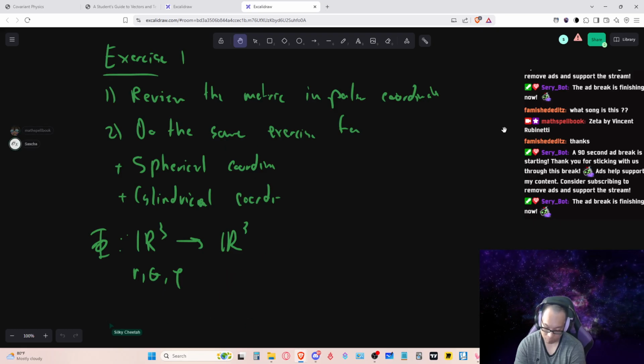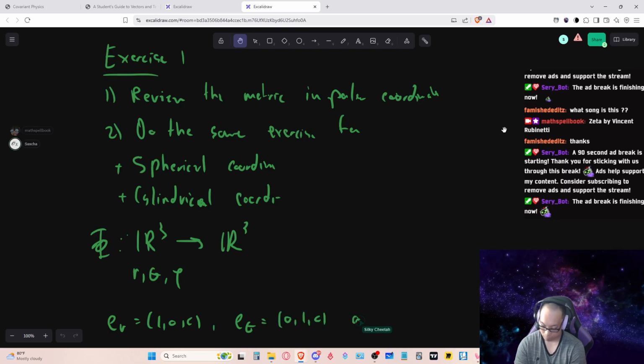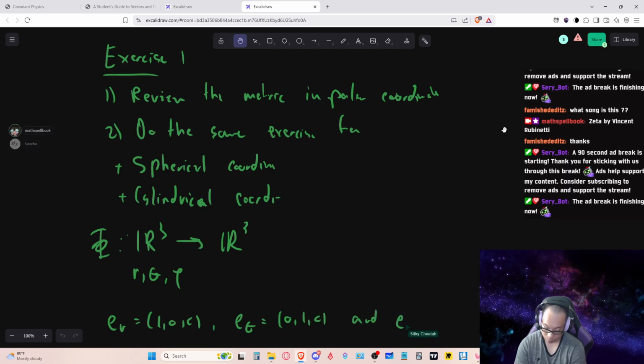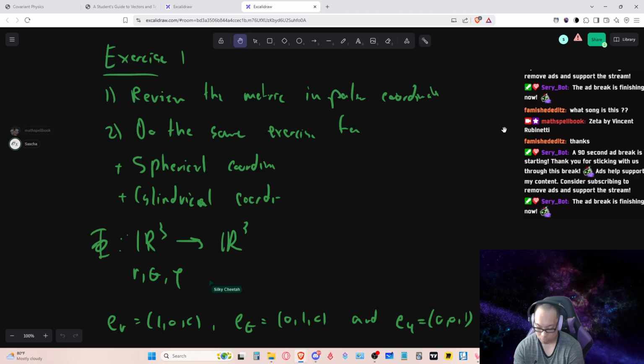And I want you to express the metric in terms of the standard vectors: 1, 0, 0, 0, 1, 0, and stuff like that. So is e_r equal to 1, 0, 0? Oh, okay. Sorry, so just the standard basis in r, theta, phi.